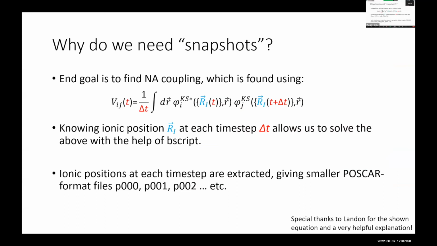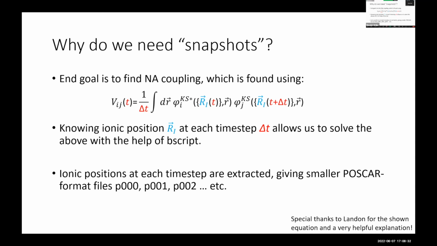So why do we need snapshots? Well, here's the equation Landon kindly gave me, and he provided a good explanation along with it, for calculating non-adiabatic coupling. We want to know the ionic position at each time step, delta t. So if we have 1,000 time steps, we can expect to get exactly 1,000 POSCAR position files.